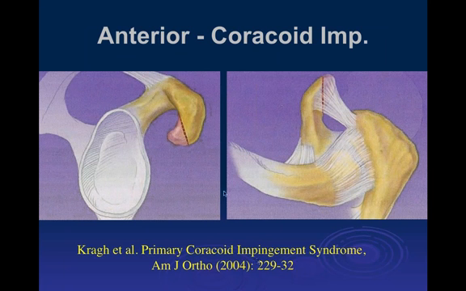Well, let's move on to anterior impingement. Anterior impingement is really impingement of the shoulder due to hypertrophy or an abnormal location of the coracoid process anteriorly here.